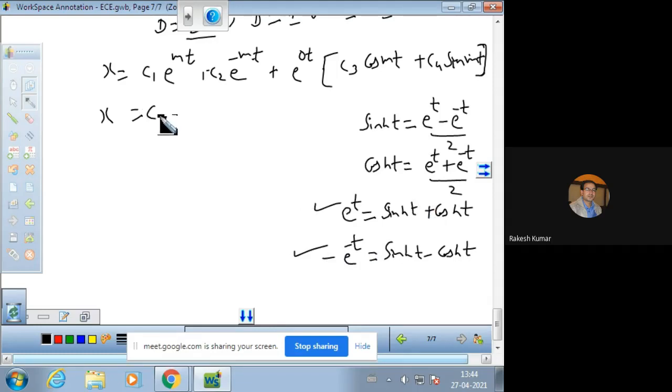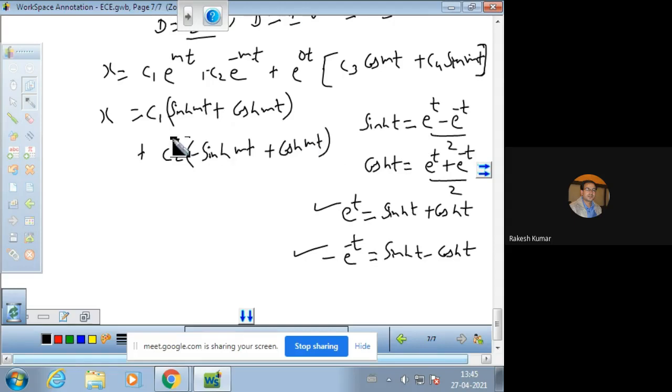So it means you can substitute the value of e raised to power mt. E raised to power mt should be sine hyperbolic mt plus cos hyperbolic mt. Similarly, you can substitute the value of e raised to power minus mt by using this, and that will be minus sine hyperbolic mt plus cos hyperbolic mt. So these are the values of these exponential terms, and the last one can be written straight away: C3 cos of mt plus C4 sine of mt.